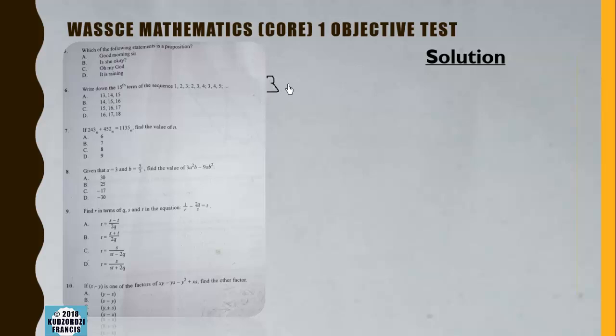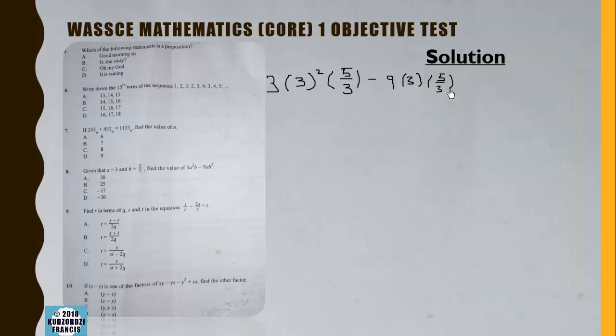We have this and we want to evaluate 3a squared b minus 9ab squared. So the a is 3 and the b is 5 over 3, minus 9 times 3 times b, which is 5 over 3 squared.